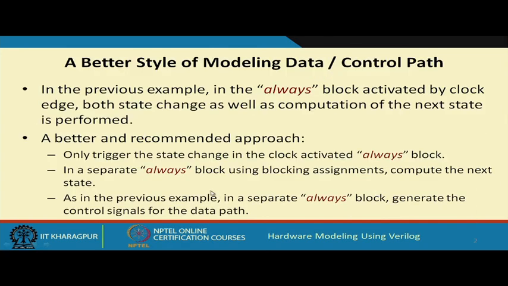Now, just one thing. You recall in the design that we discussed in the last lecture, we had designed the data path and we had designed the control path. If you recall the way we designed the Verilog code model for the controller, we used one always block which was activated by the clock, carrying out the state changes depending on the input conditions.